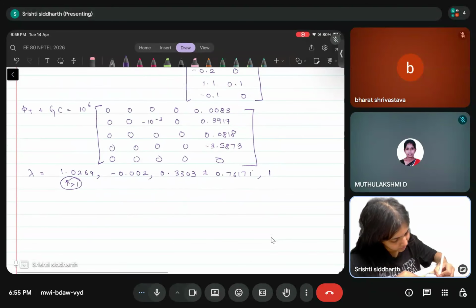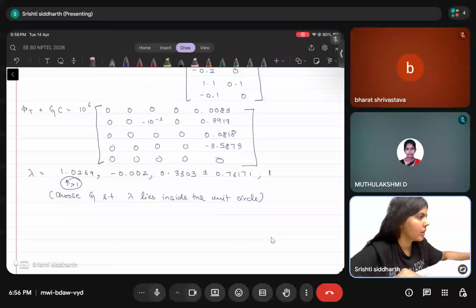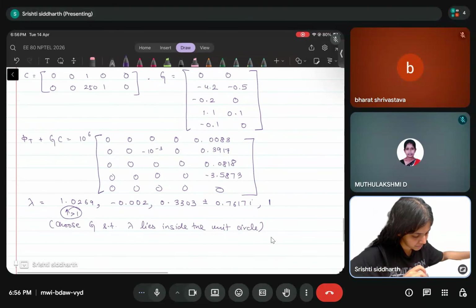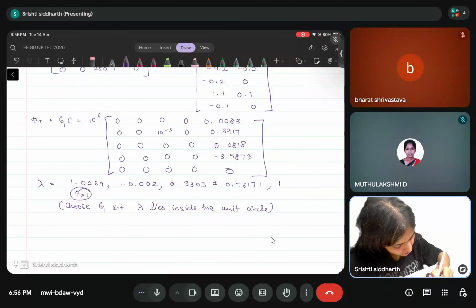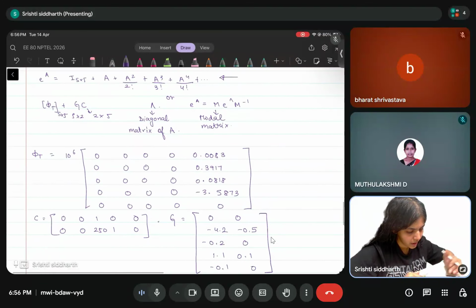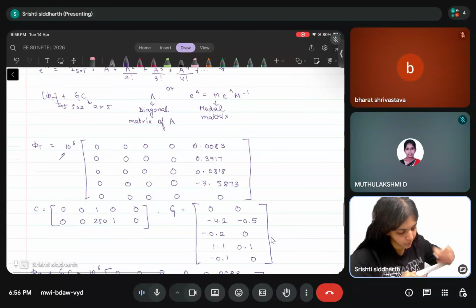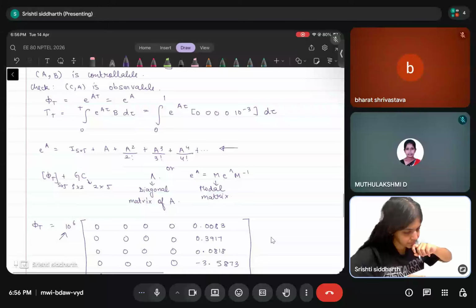So I think we should choose G such that the lambdas are inside the unit circle. This is approximately equal to phi of T because e to the power A is of the order of 10 to the power 6. So we should choose some other sampling time.